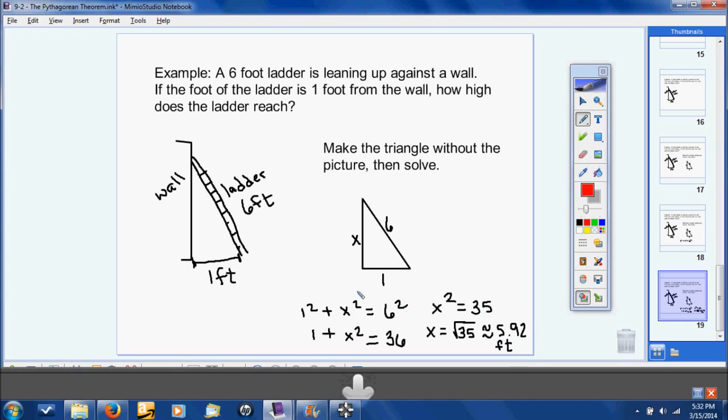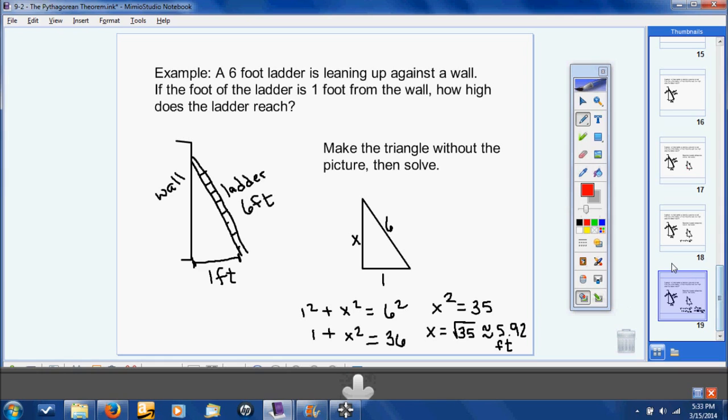You might say, well, that's pretty close to 6 feet anyway, Sister Doughty, but it's not quite 6 feet. So if you had something that you needed to get to that was 6 feet high, it wouldn't work. It wouldn't be long enough. So 5.92 feet, and if you wanted to be a little safer and pull this out a little bit further and put it at 2 feet, your ladder would not reach even quite as high as that.